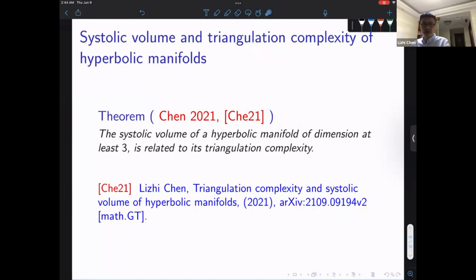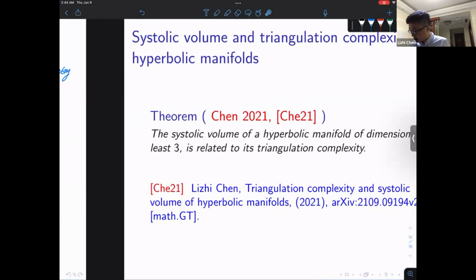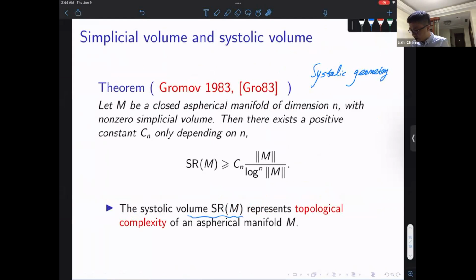Now I want to introduce a new theorem. For hyperbolic manifolds of dimension at least 3, we can relate the systolic volume to the triangulation complexity. If we compare to the classical result of Gromov, it looks like I replace the simplicial volume with the triangulation complexity.